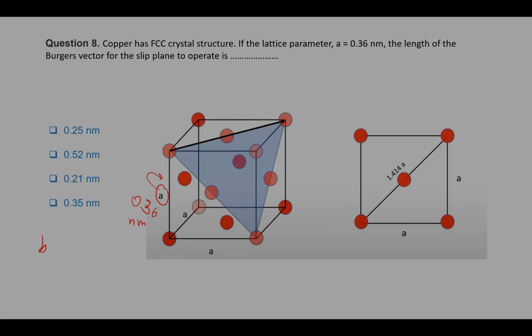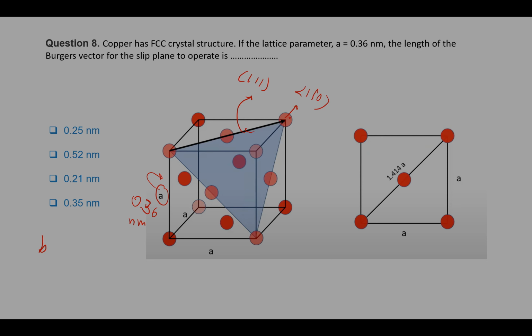For that, this plane we already know, this is the 1, 1, 1 plane, and the direction we know already will be the 1, 1, 0 direction.